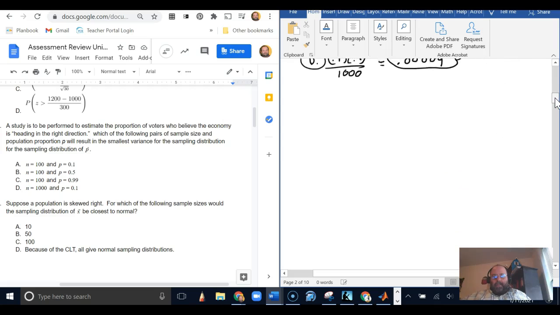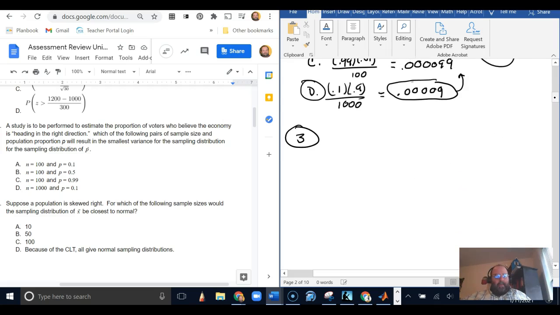All right, so let's look at number 3. Suppose a population is skewed right. Which of the following sample sizes would make the sampling distribution of x bar be closest to normal?